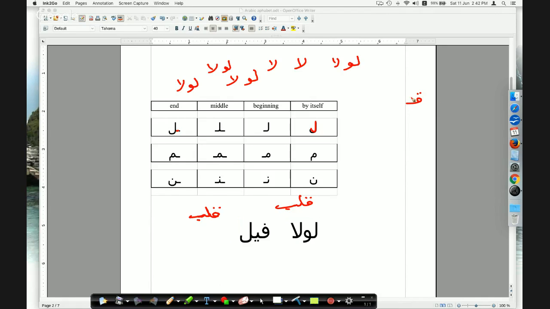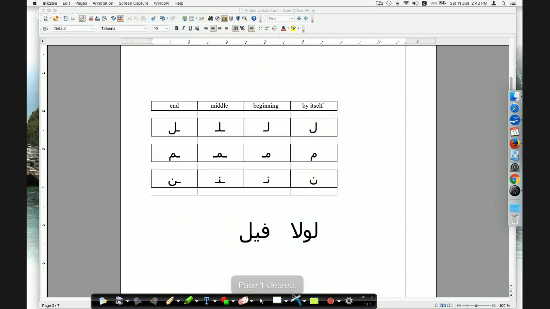Qa, and then letter la, and then ba, qalb. So la here in the middle, this is how it is. It's the same as a column, and you have a base, and then you connect the letter before it, whatever it is, and the letter after it, whatever it is, and always the letter at the end goes back to the original, if you remember.